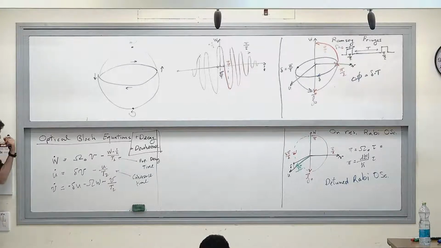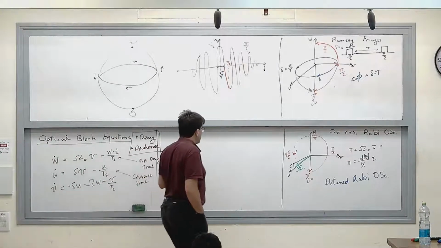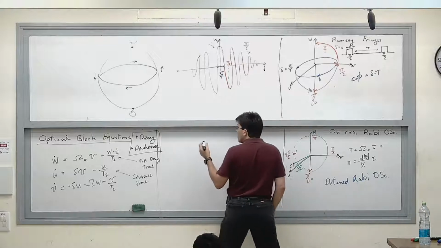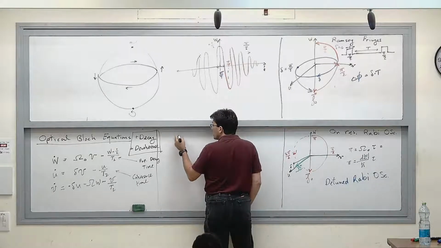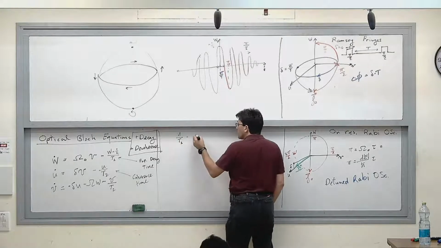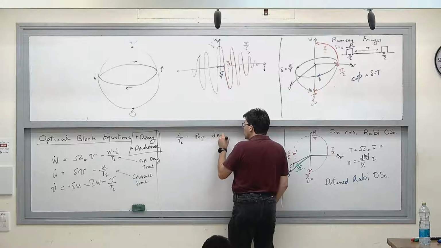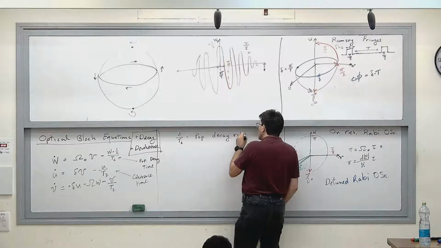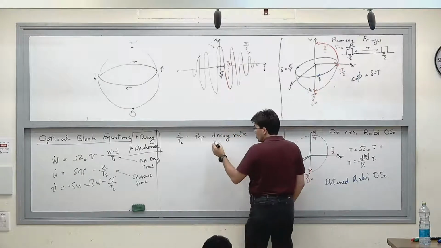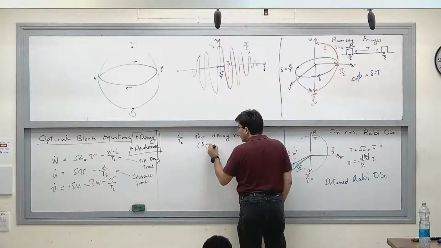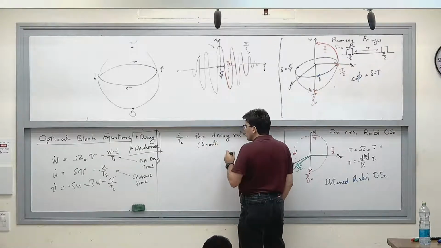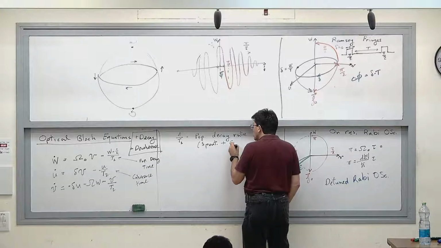Yes. So we just met this. We can say that this 1 over T1 is the population decay rate. And this can be due to spontaneous emission, but it can be also due to collisions.